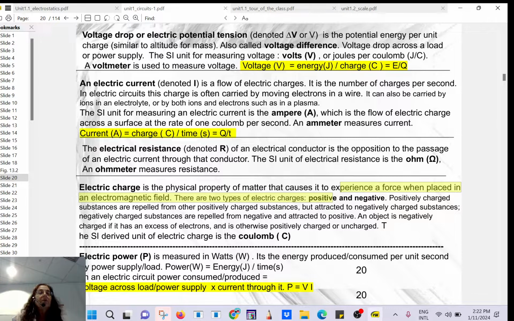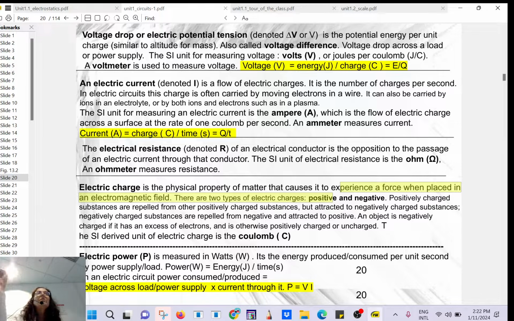And then we have the current. How do we define current? The unit is amps or ampere, named after Ampère. The notation is capital A. So the current is the amount of charge per second. How many of these little coulombs will flow in the circuit per second?